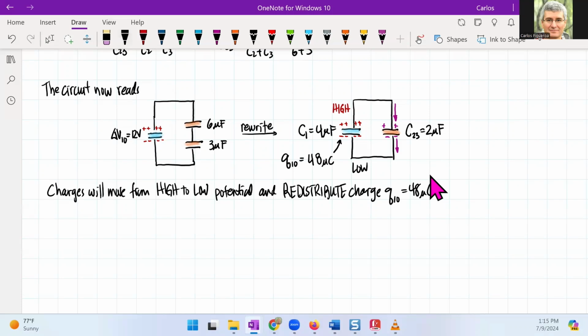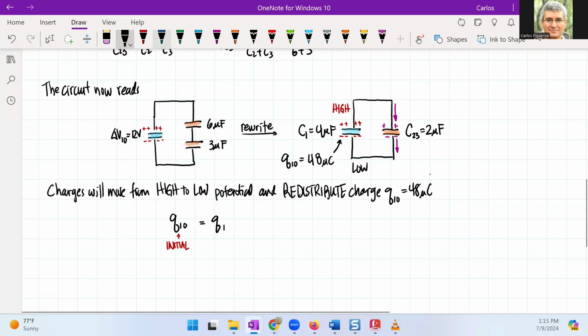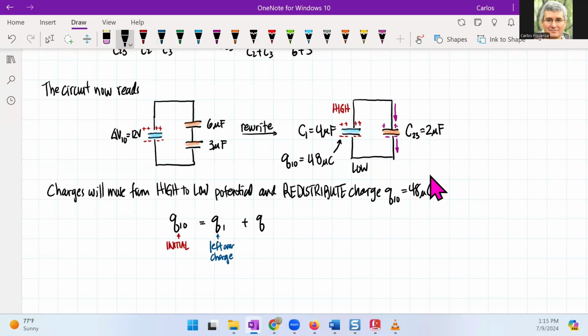I initially start off with Q1, right? So this guy right here is the initial charge. Afterwards, there's going to be some leftover charge, and then the rest of the charge is going to go on to the 2,3 capacitor.